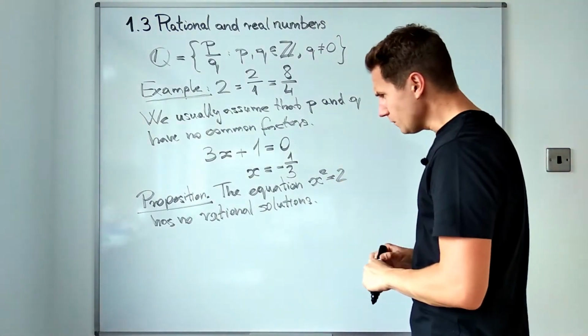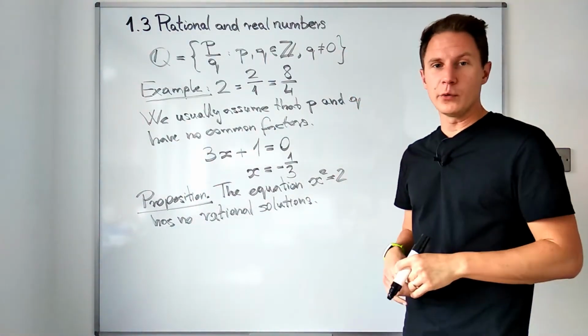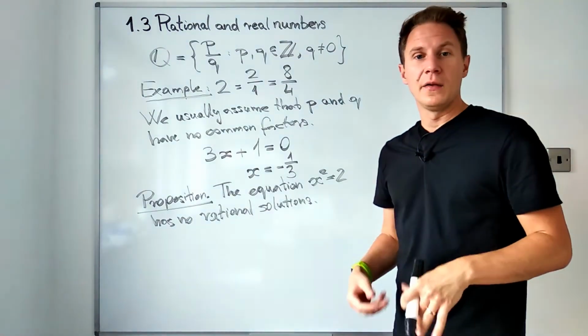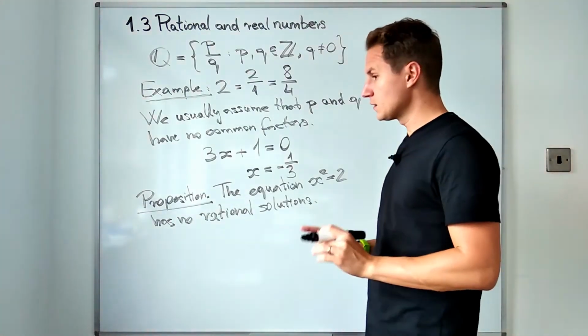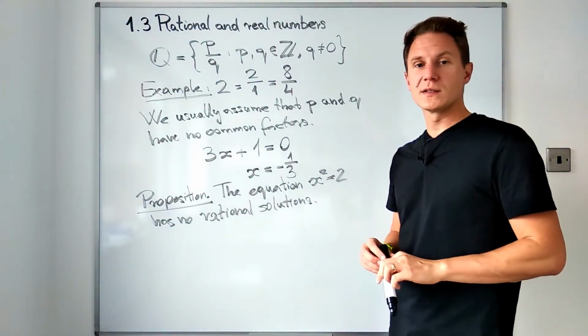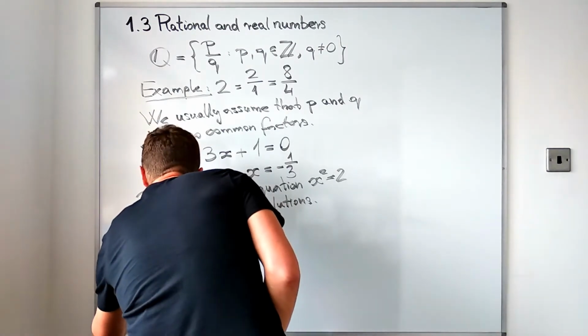So the way we are going to prove this proposition, you might have seen this proof before, is an indirect proof or proof by contradiction. This is a different way of proving statements, different to proof by induction.